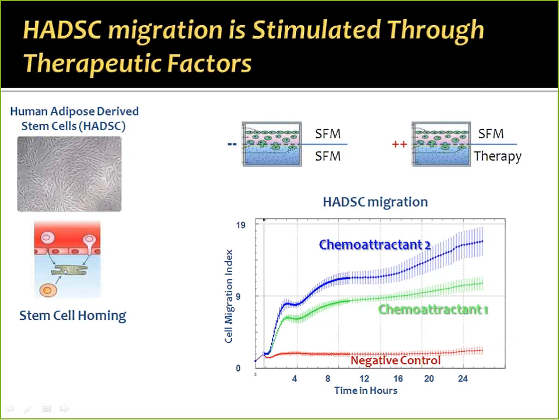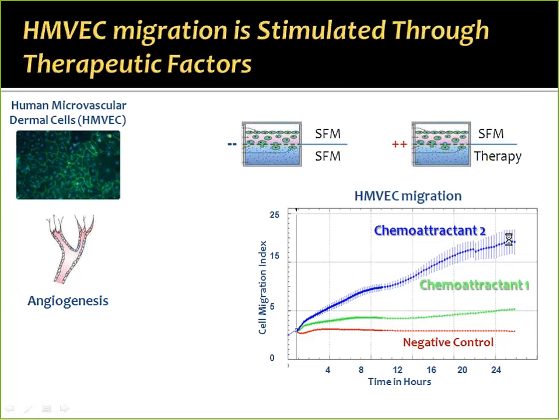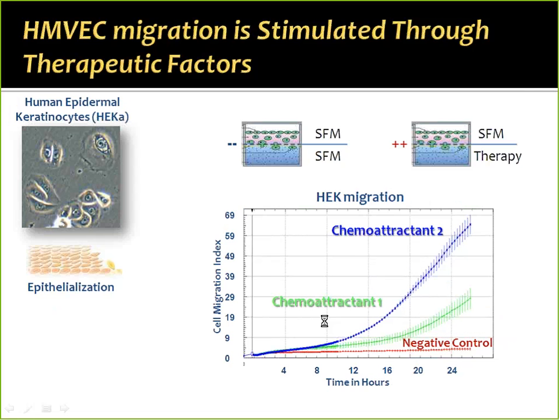For example, here you can see that the separation begins almost immediately, at 3 to 4 hours, between these samples, and it continues that way throughout the 24-hour study. Endothelial cells are also elicited to respond differently as early as 3 to 4 hours.